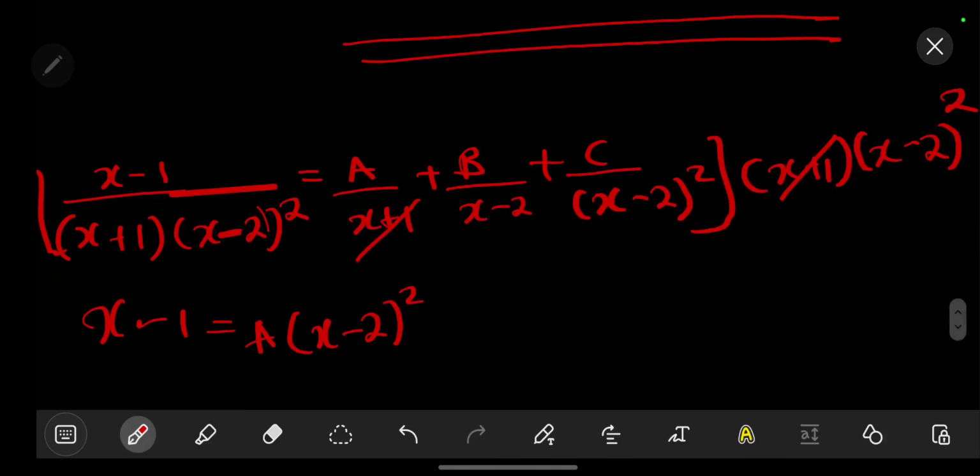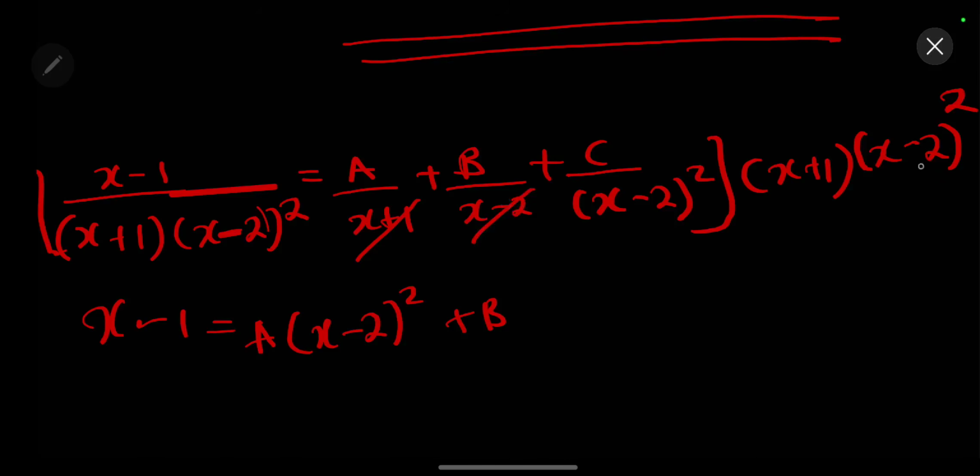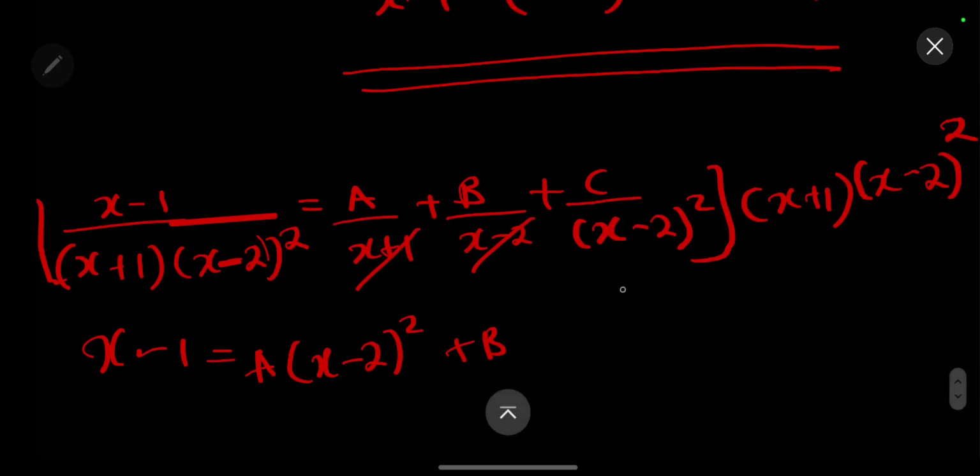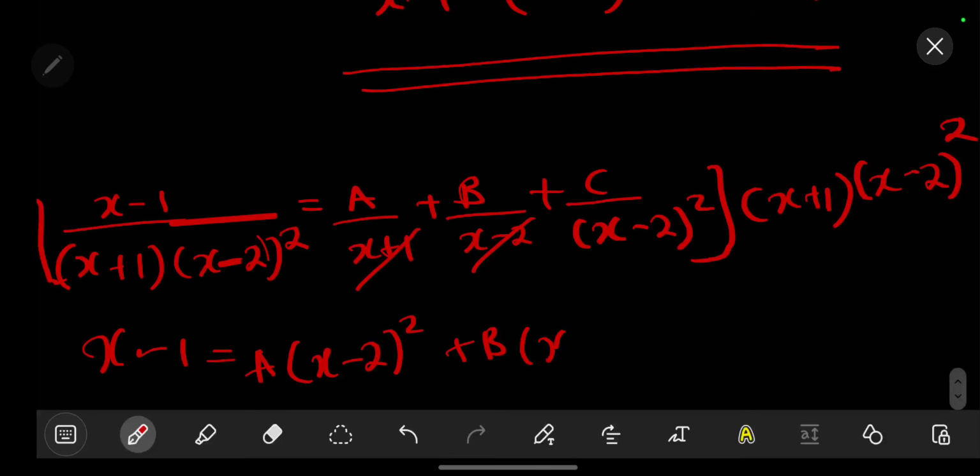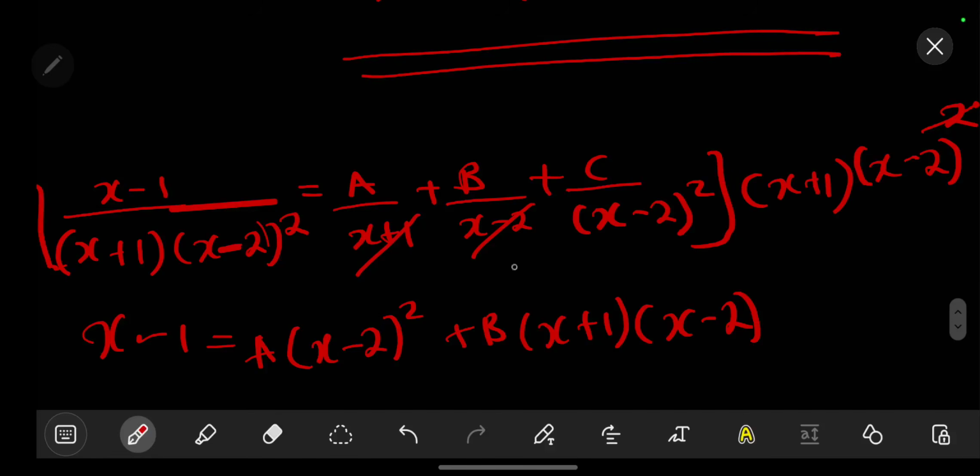Then for this other one we have plus b, then one of our powers will cancel. So what we are going to remain with is one of the x plus 1 and x minus 2, since the 2 has cancelled, like that. Then what we have next is plus.